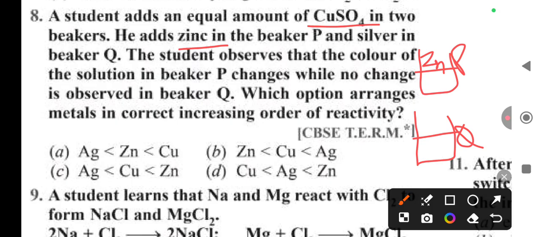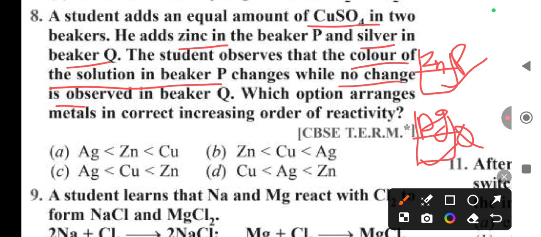In Q, what you have added, silver. But what observation you have got here, the color of the solution in beaker P changes. In this change of color you will observe, but in Q beaker no change is observed.